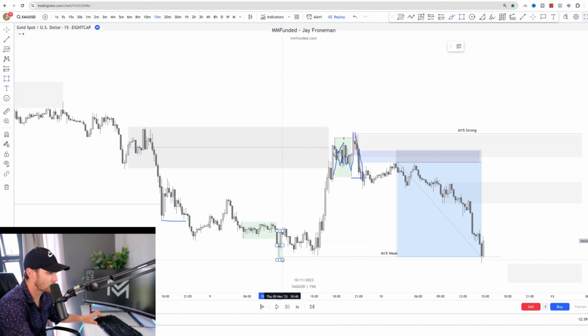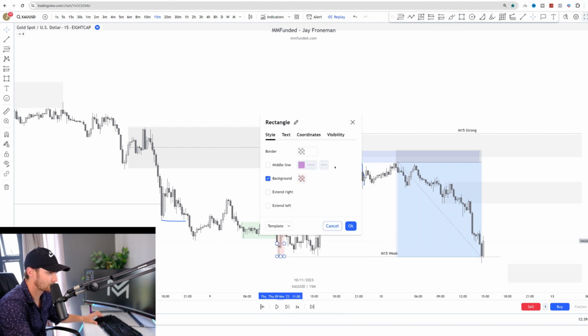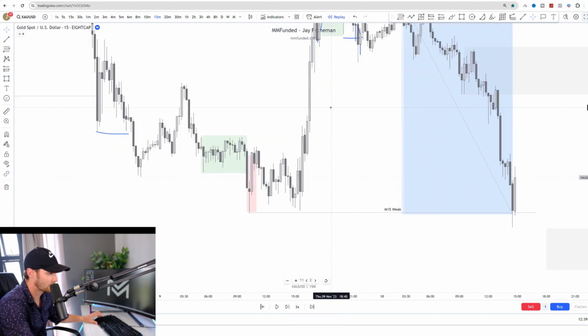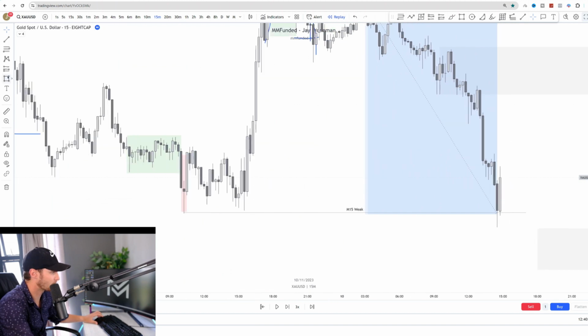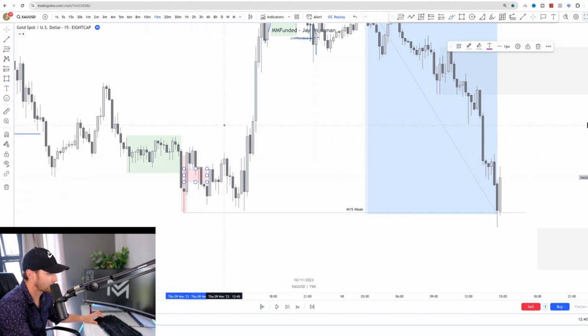Manipulation, which is the sweep of that range. Let's make that red. After that sweep, we printed a large displacement fair value gap, which that gap would have been over here. 100% valid. Or let's just quickly make that blue.